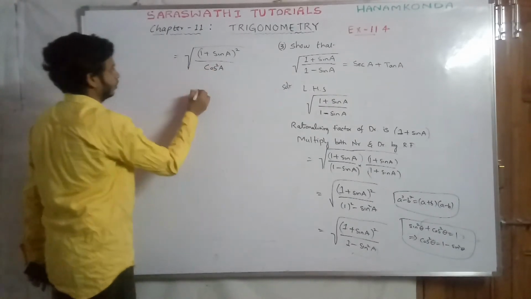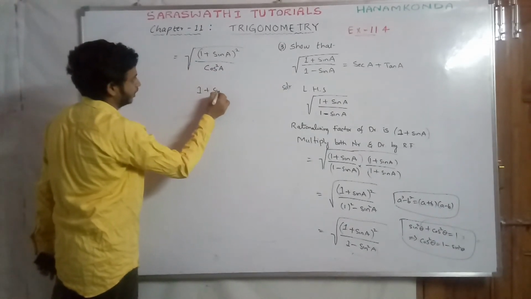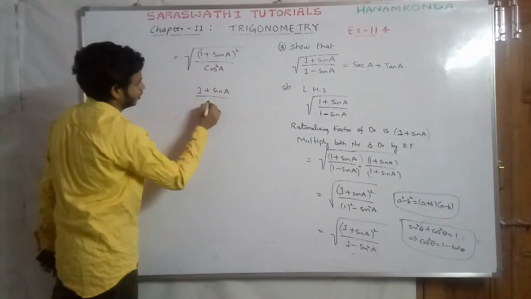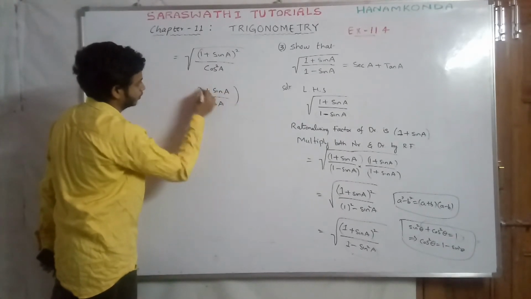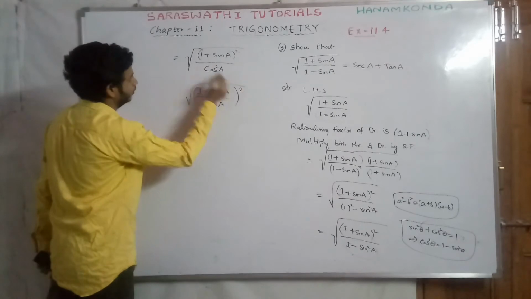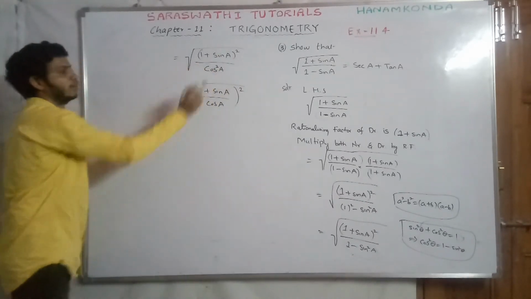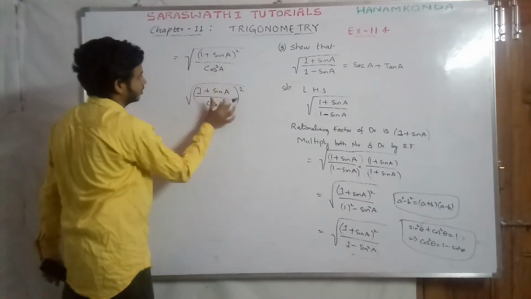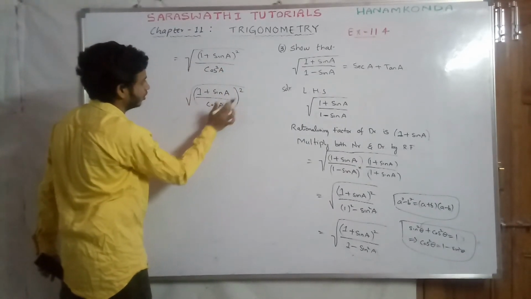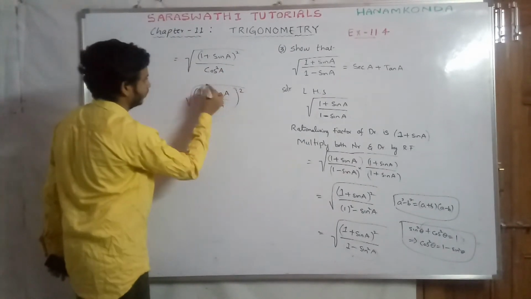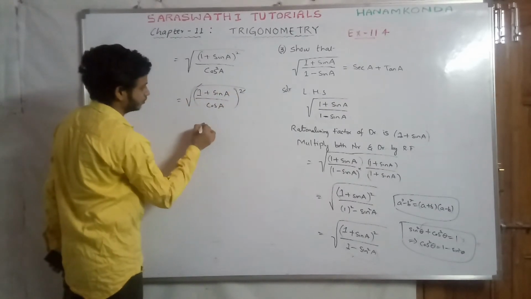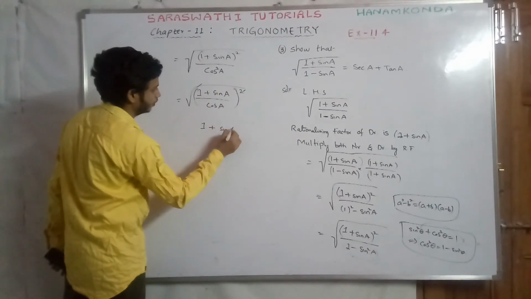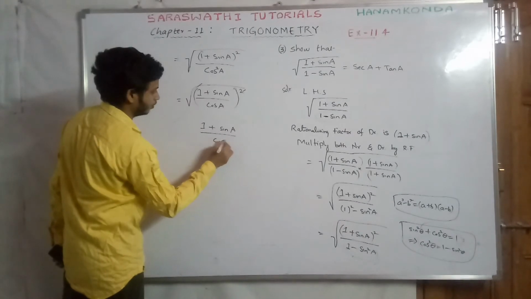So now we have (1 plus sin a) whole square by cos square a, which can be written as (1 plus sin a by cos a) whole square. Now square and root get cancelled, so it is 1 plus sin a by cos a.